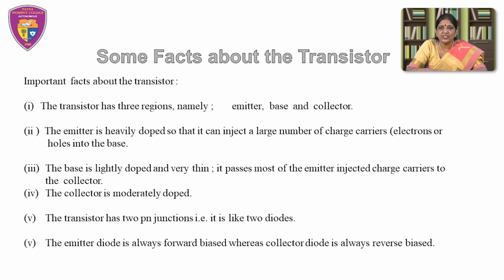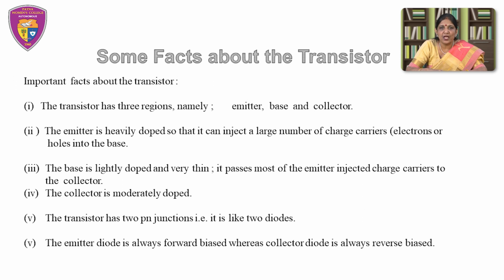Third, the transistor has two PN junctions, that is, it is like two diodes. The junction between emitter and base may be called emitter-base diode or simply the emitter diode. The junction between the base and collector may be called collector-base diode or simply collector diode.